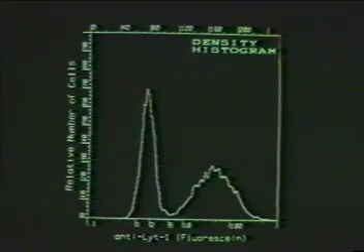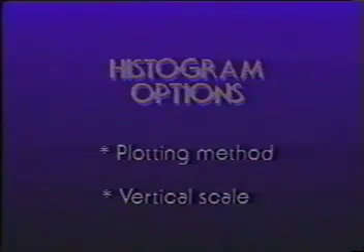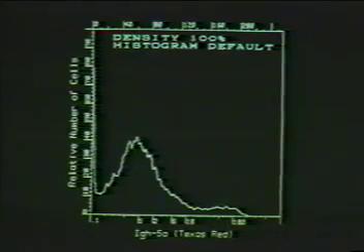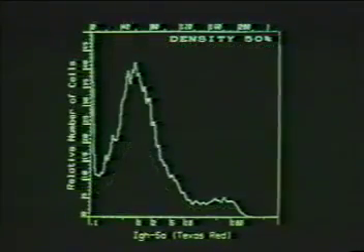They tend to reflect fluorescence and scatter distributions more accurately than standard histograms drawn from the same number of cell data points. In addition to selecting the plotting method, you may also select the vertical scale so as to raise or lower the overall height of the curve. 100% is the default scale. Lowering the scale to 50% doubles the size of the peaks.